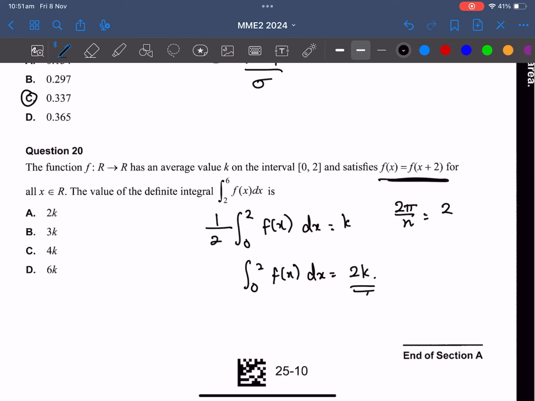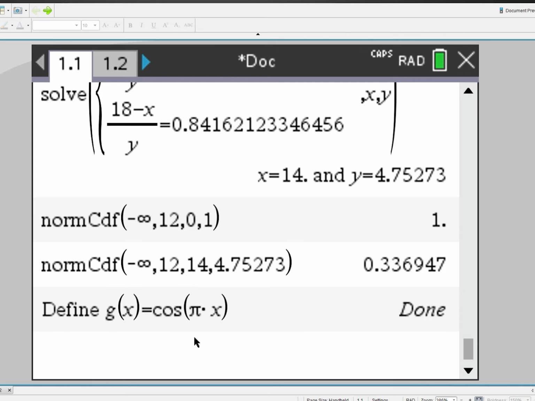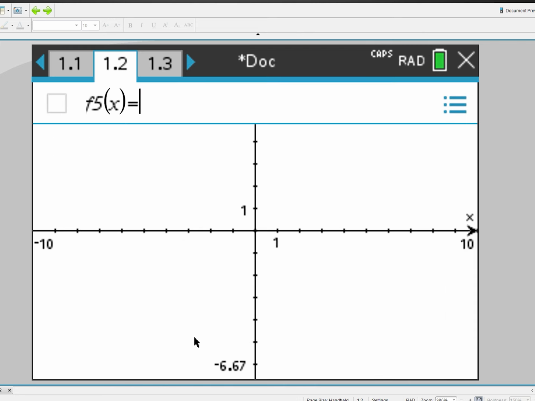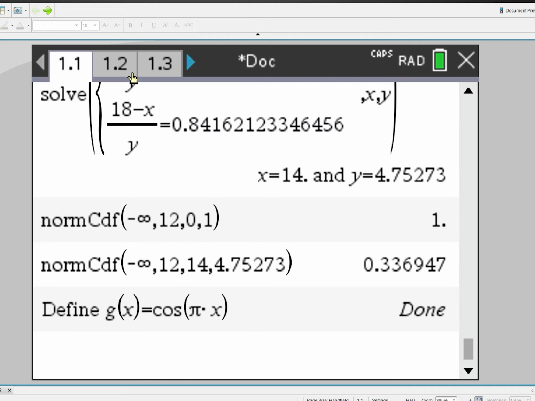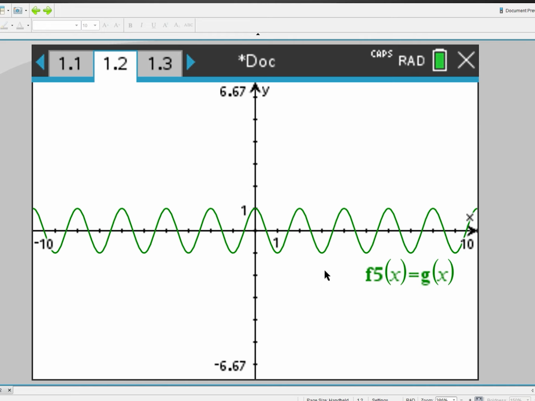So then n is equal to pi. So if I were to do cosine pi x, for example, as my repeating function, and plot it, define g equals cosine pi times x, and add a graph g of x. Is it g of x or f of x? I forgot. Yeah, g of x. Okay.